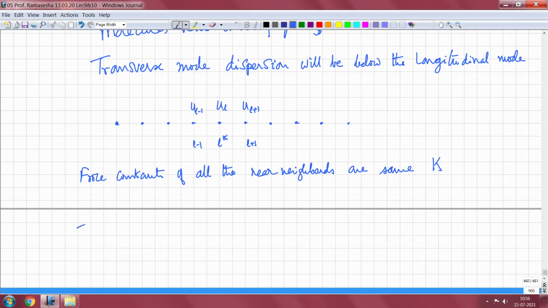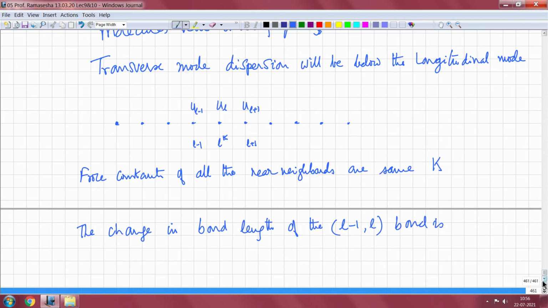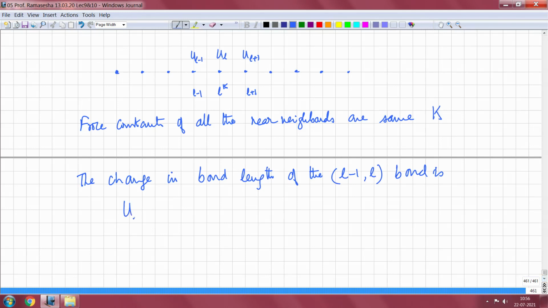So the change in bond length of the L minus 1 L bond is UL minus UL minus 1, and that of the L L plus 1 bond is UL plus 1 minus UL. Okay. So, let us look at the force on the Lth atom.